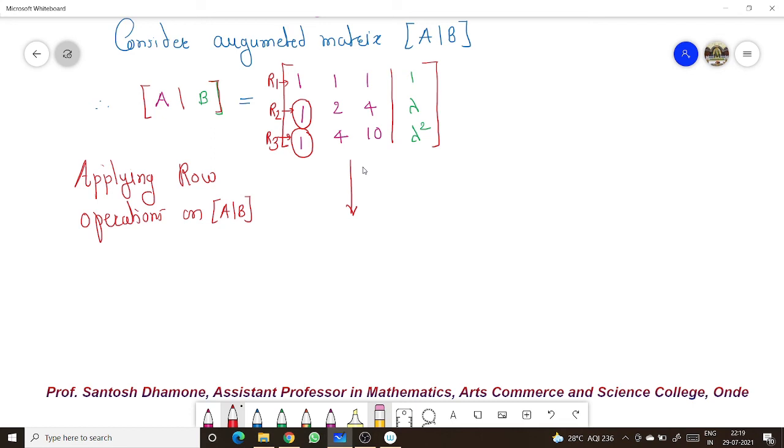In the second row we apply the operation 2R2 minus 7R1. 2 into 7 is 14, minus 7 into 2 is minus 14, so 14 minus 14 is 0. 3 into 2 is 6, 6 minus 7 into 3 which is 21, gives minus 15.